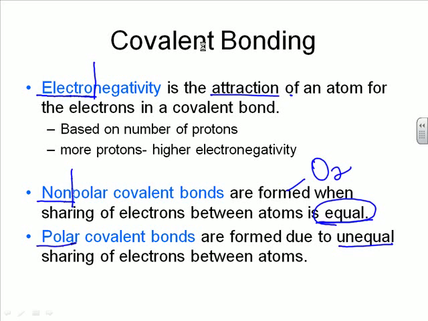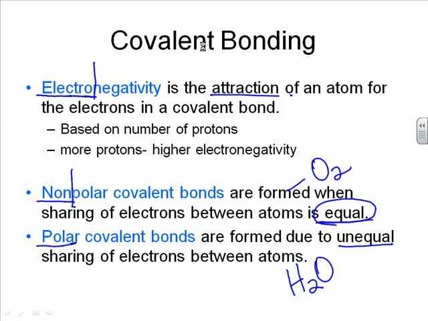Polar, think about being 2 opposite poles, 2 opposite sides, will form a covalent bond, but they're not going to equally share the electrons. One of the atoms is going to, let's say, hog the electrons. This usually occurs between atoms that are different. Hydrogen and oxygen are different, therefore their sharing is not going to be equal.